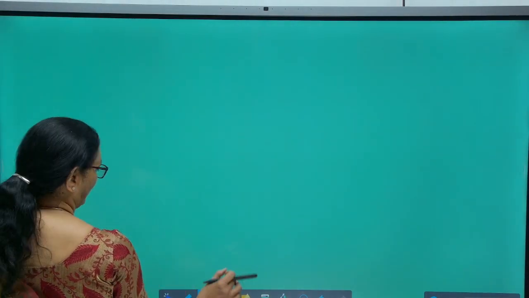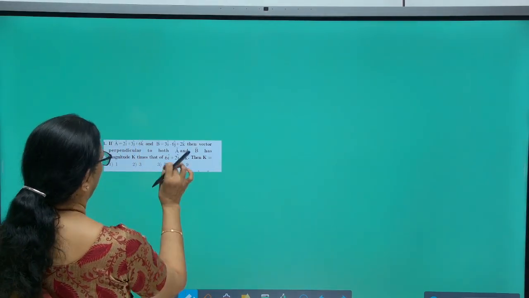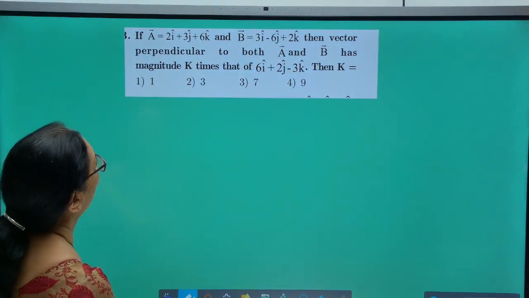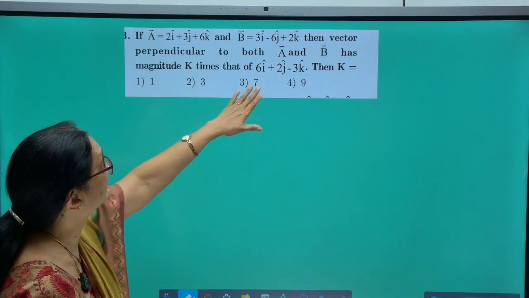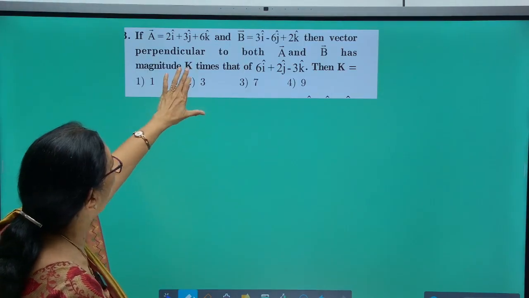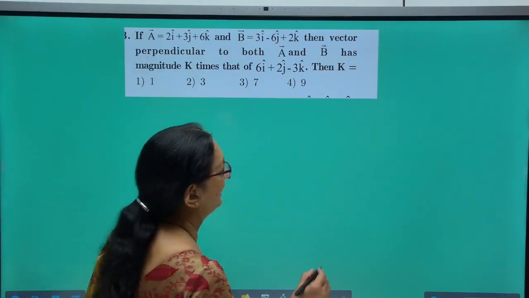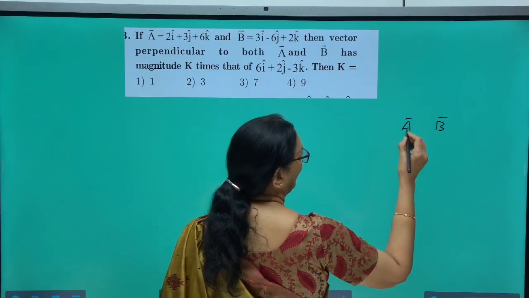Look here. It is given like this. A bar, B bar are given, then a vector perpendicular to both A bar and B bar has magnitude k times that of this vector. Find k. See here, A bar, B bar are given vectors.